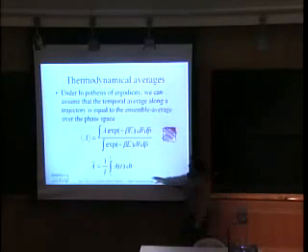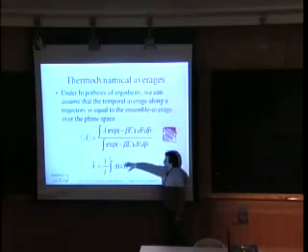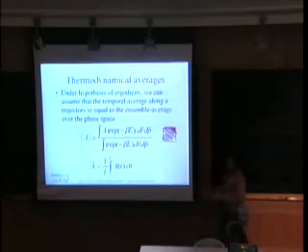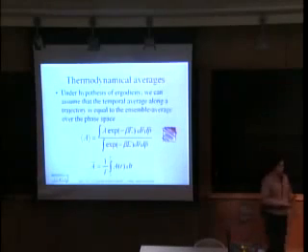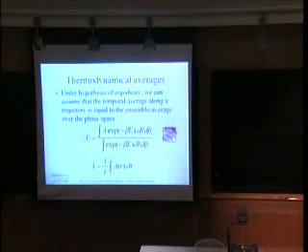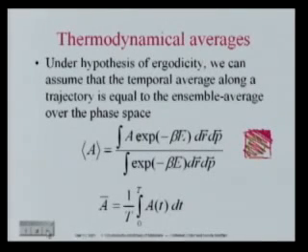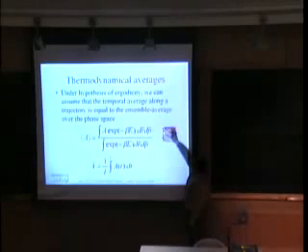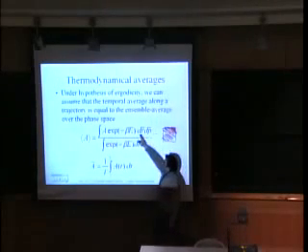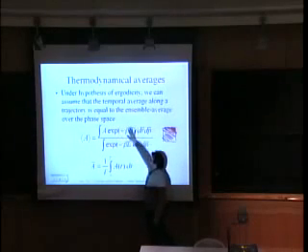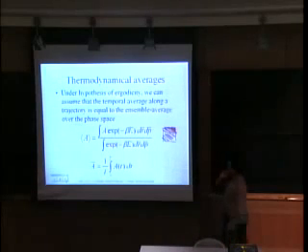What we say is that, well, let's just let this system evolve in time, and let it evolve at a constant temperature. And so now our point in phase space is going to go around following a trajectory. And if we let it go around long enough, it will spend more time in the parts of phase space that are more favorable, the ones that are more likely according to the Boltzmann factor.